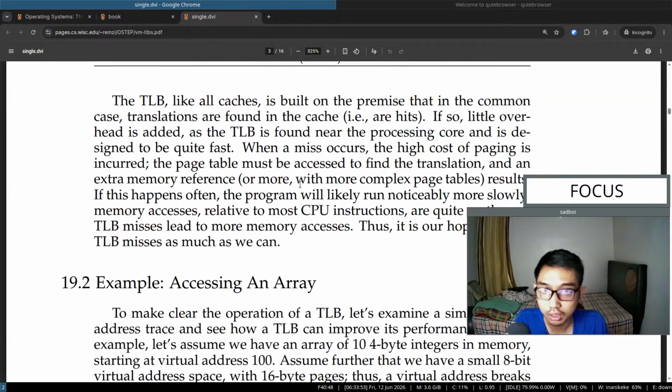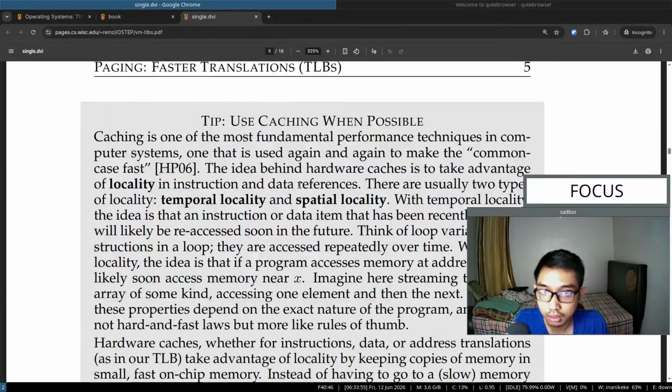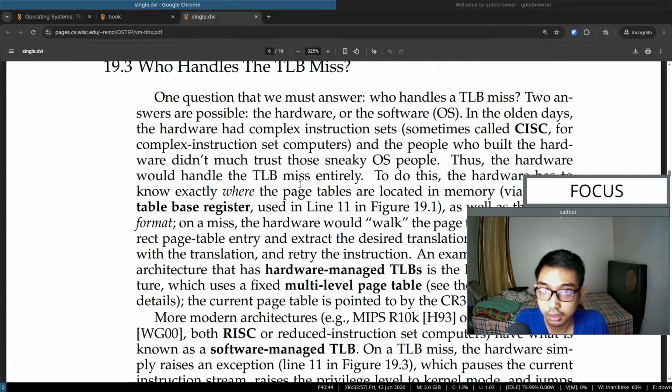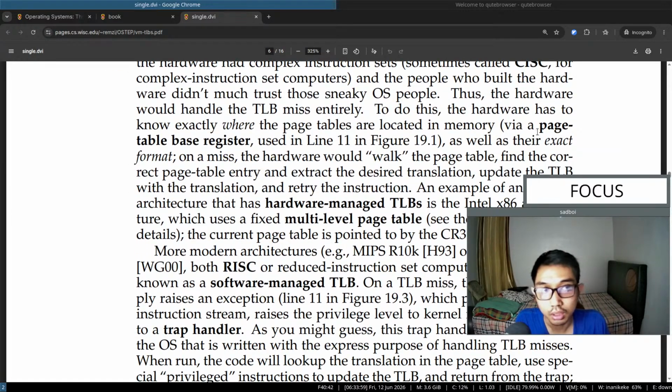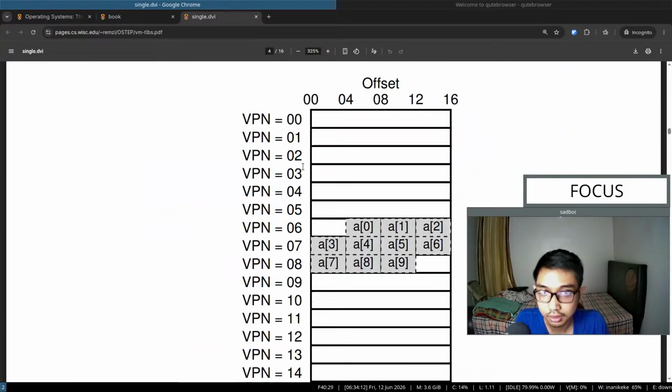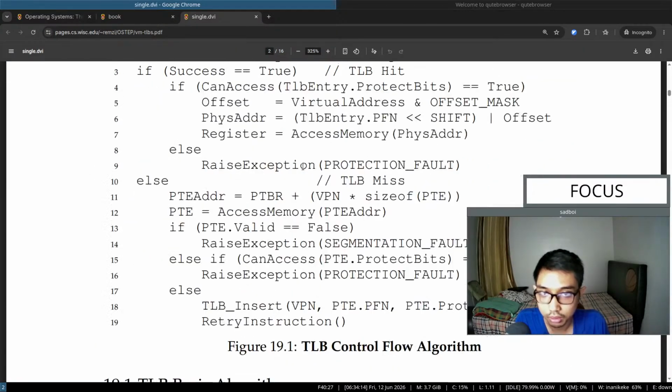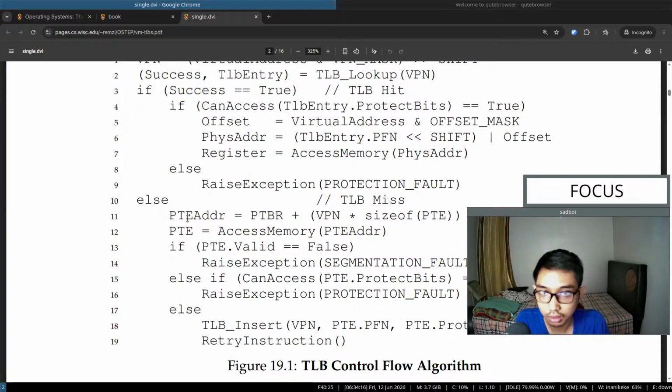Maybe something like that. Okay, where is it? So it is a page table base register, used in line 11 in figure 19.1. Right, the previous one.